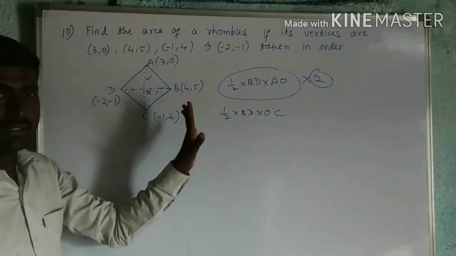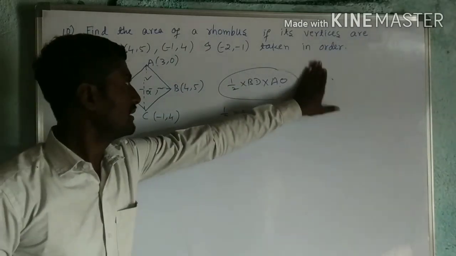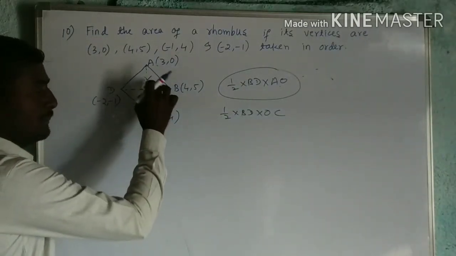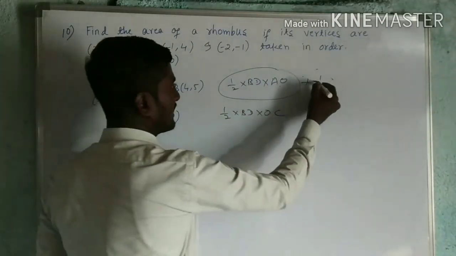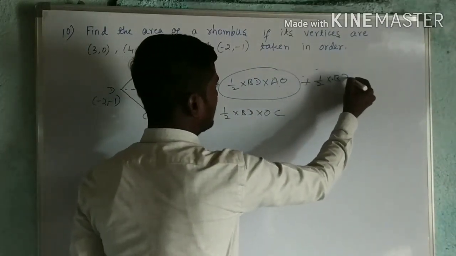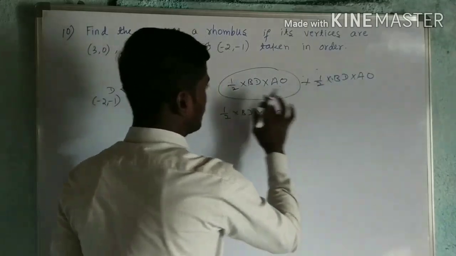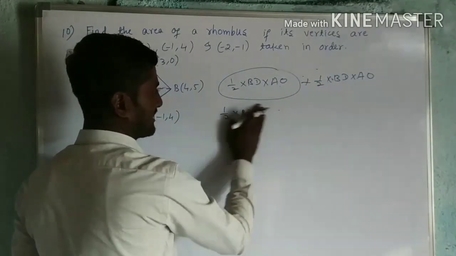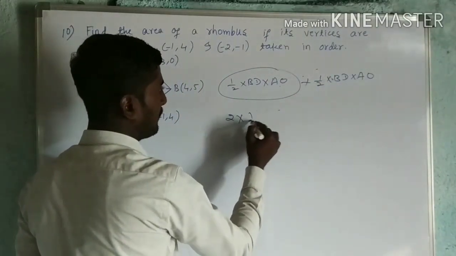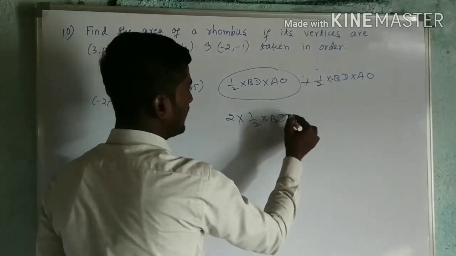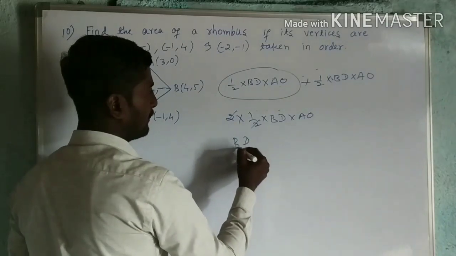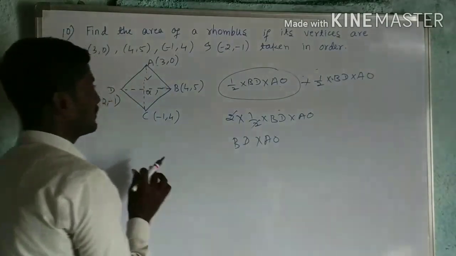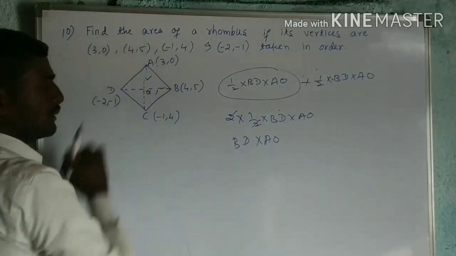So this is the area of one triangle plus the area of another triangle, that is 1 by 2 BD into AO. So x plus x, that is 2 into 1 by 2 into BD into AO. This 2 will get cancelled. You are getting BD into AO.